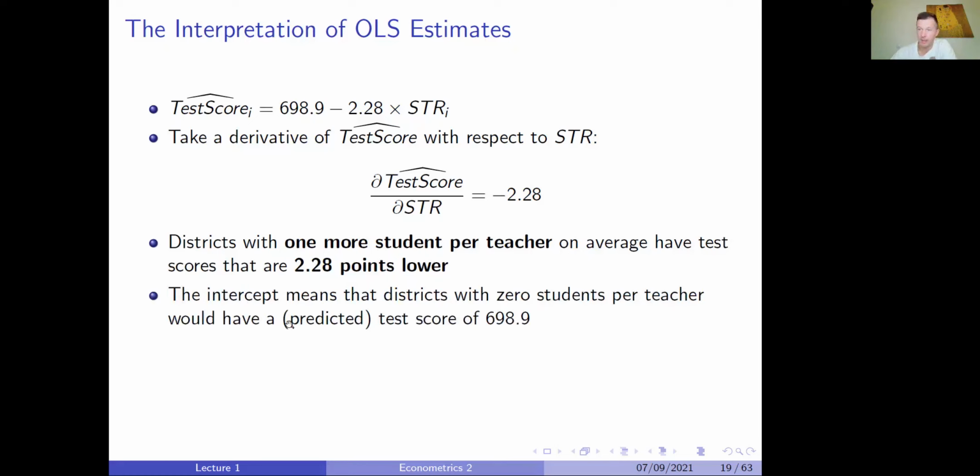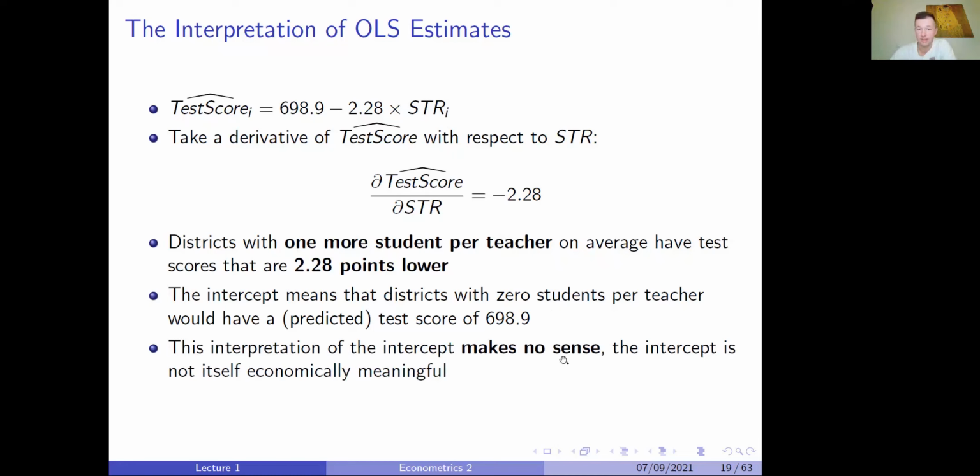So the intercept has a slightly confusing meaning. If I put 0 in place of the student-teacher ratio, I will get exactly the intercept for the test score, which means that districts with 0 students per teacher would have an average or predicted test score of 698.9. But this makes no sense, because we cannot have in practice a situation with 0 students per one teacher.